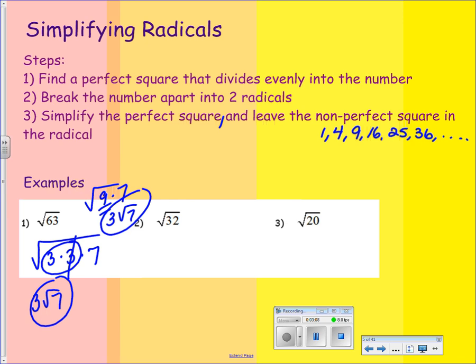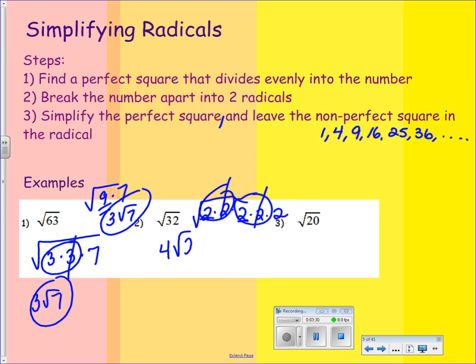For the next one, for 32, we could break it down into the primes, which is 2 times 2 times 2 times 2 times 2. There's 5 2s. And then when we look for pairs, we have 2 pairs. One again dies in each attempt. So we're going to multiply this 2 times this 2, because they're both going to come out, which is going to make 4.